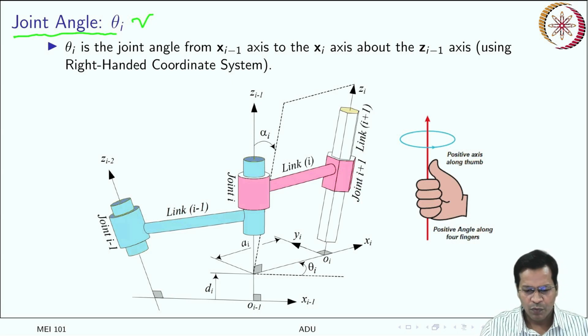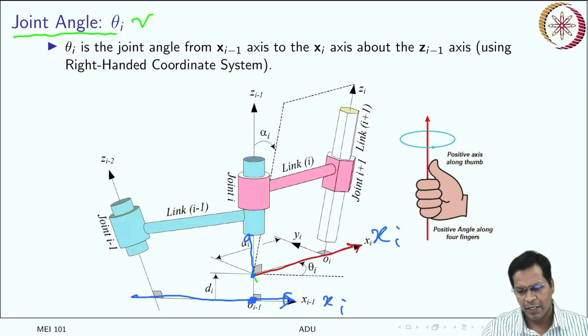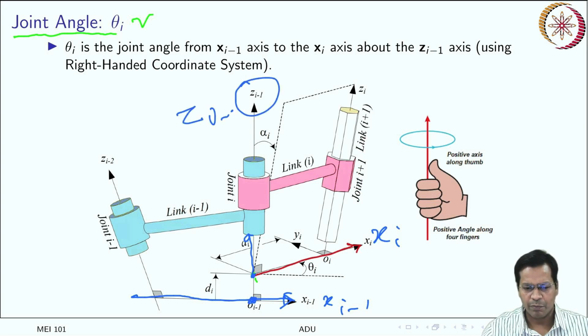This was my final point where the x axis was intersecting the z axis. So this is your xi axis, and the previous frame ended somewhere here. This was xi minus 1. So about this zi minus 1, look carefully at the figure where I am drawing.